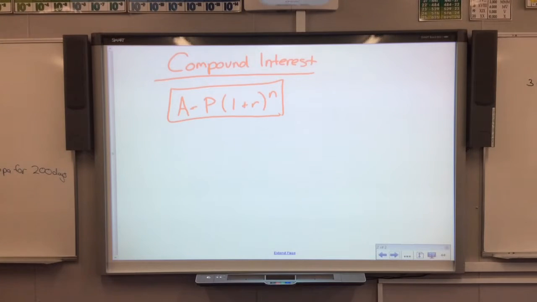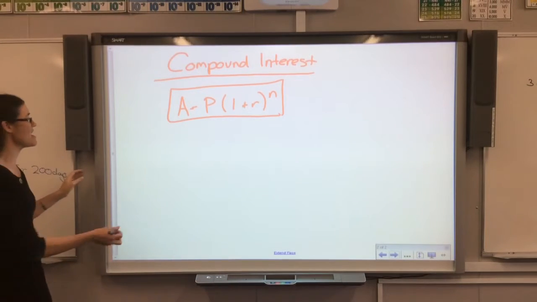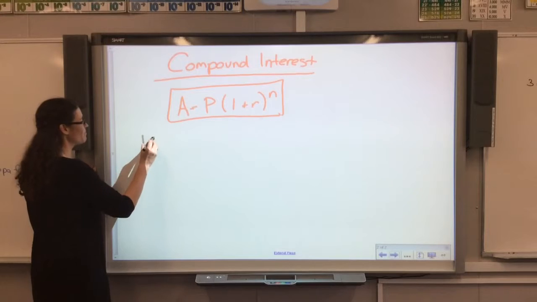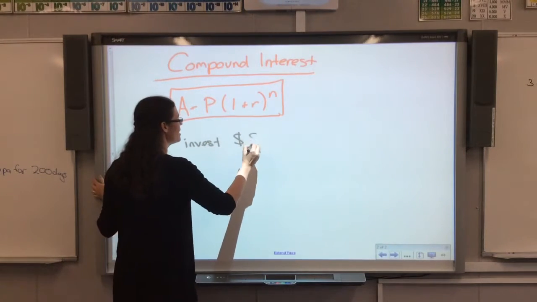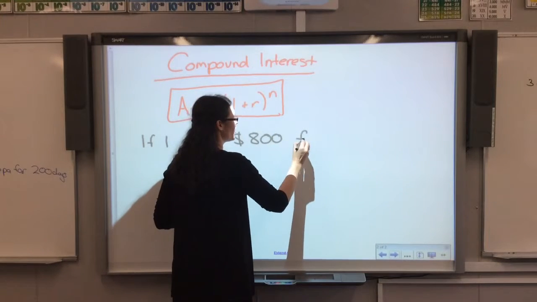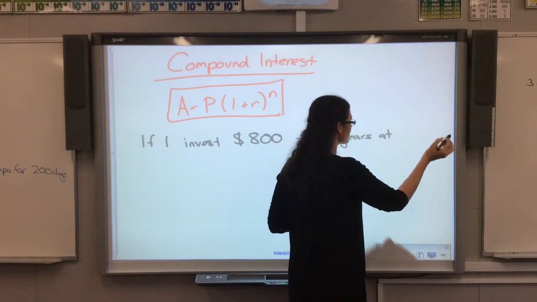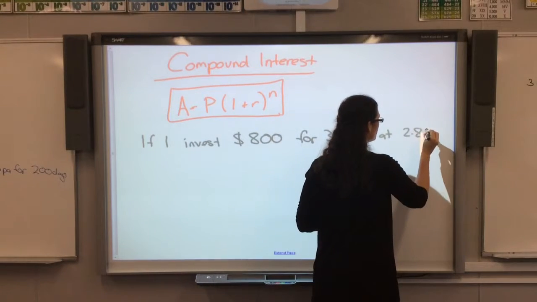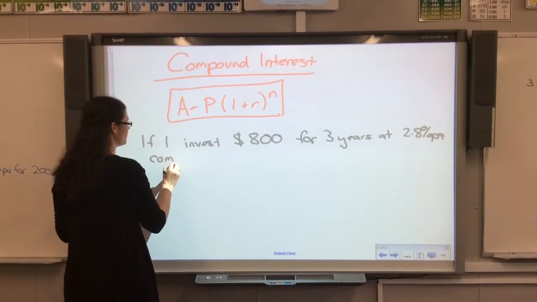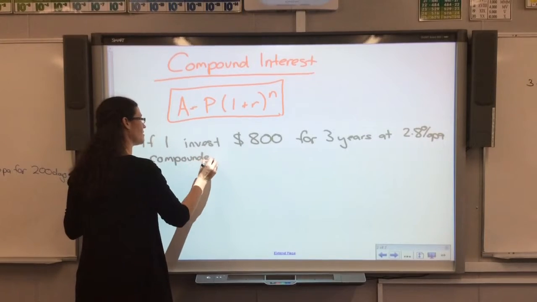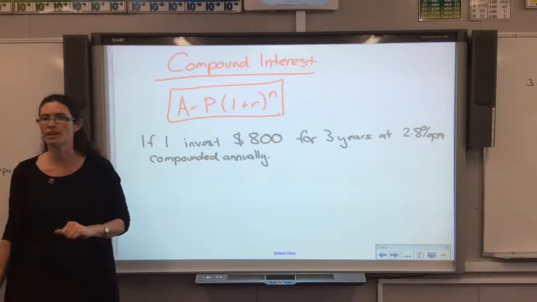The basic questions are really simple. So if I gave you a really easy example, I reckon you could do it without my help. So if I just said, if I invest $800 for 3 years at 2.8% per annum compounded annually, I reckon you could do it without my help.